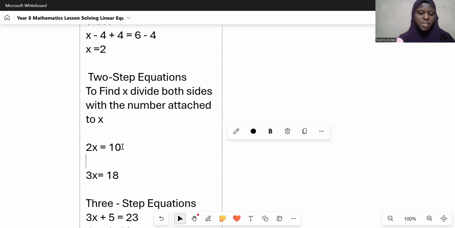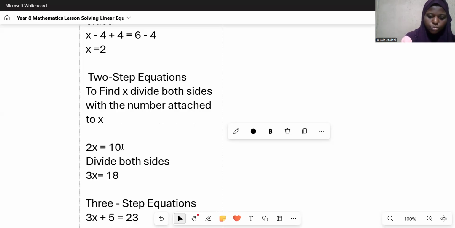2X equals 10. So from what we said, we should divide both sides by the number attached to X. So 2 is attached to X. So from this example, we'll divide both sides by 2.